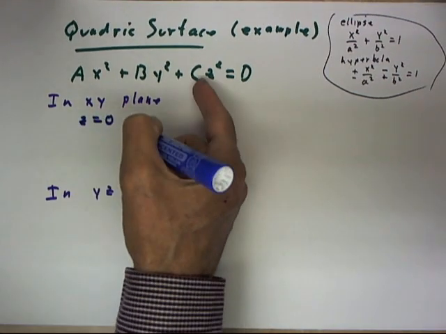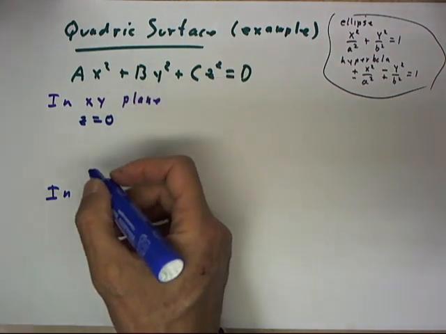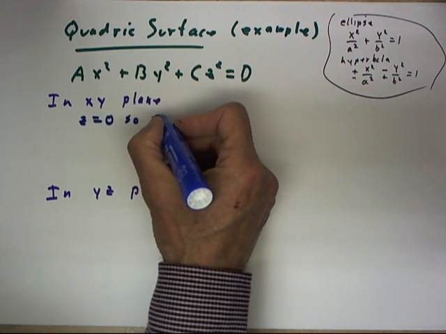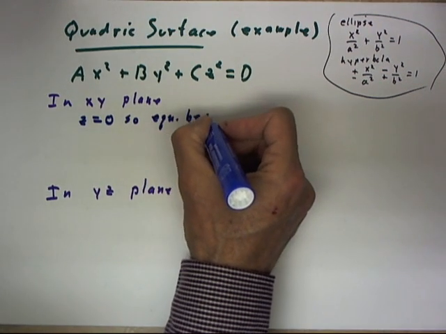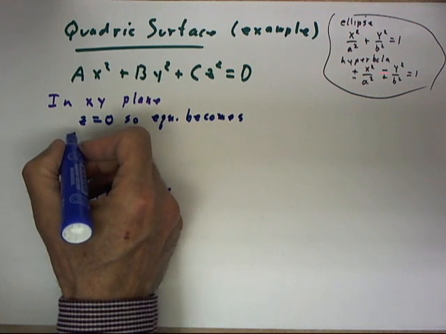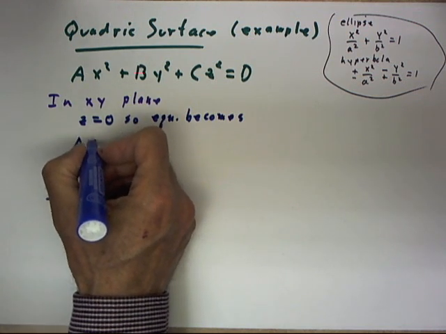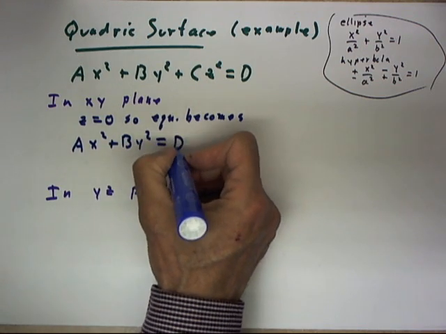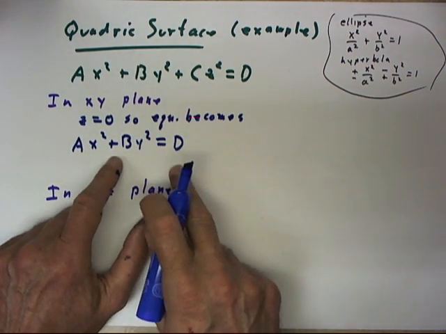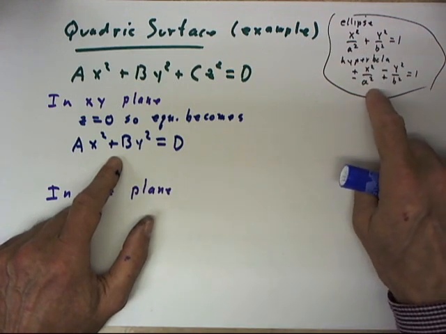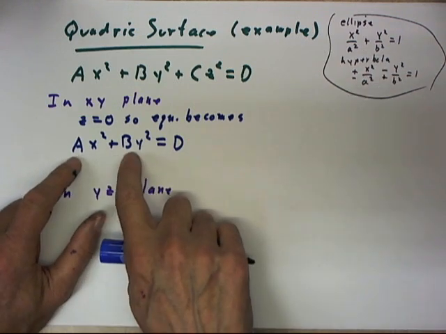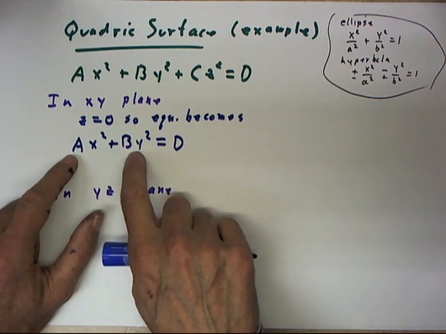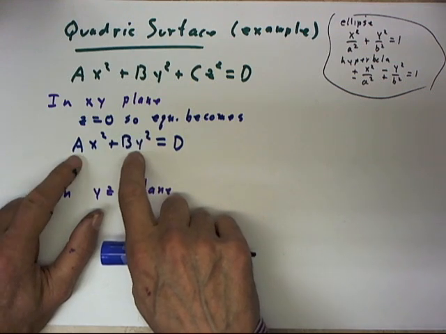If z is equal to 0, that means Cz squared is equal to 0, so the equation becomes Ax squared plus By squared equals D. Now, this equation is in the form of an ellipse or a hyperbola, and it depends on whether A and B are both positive, both negative, or one is negative and the other positive.